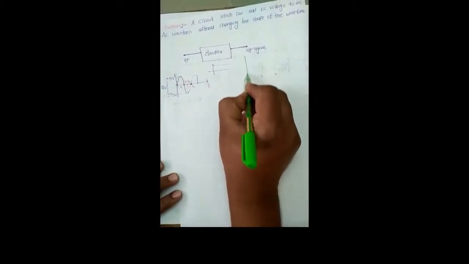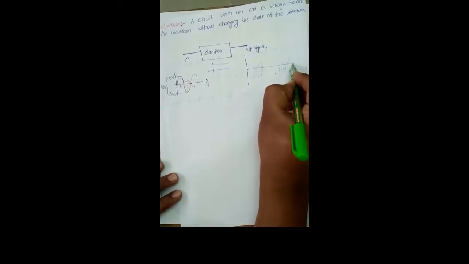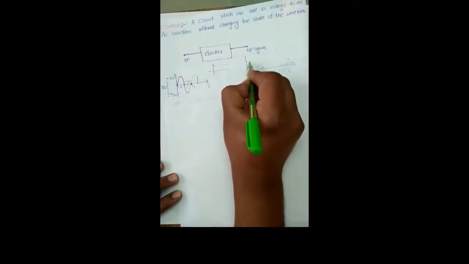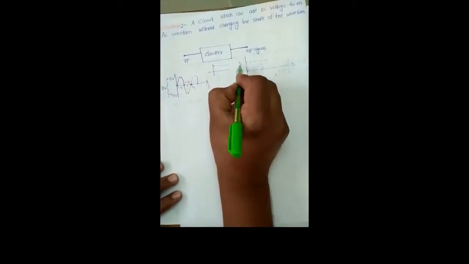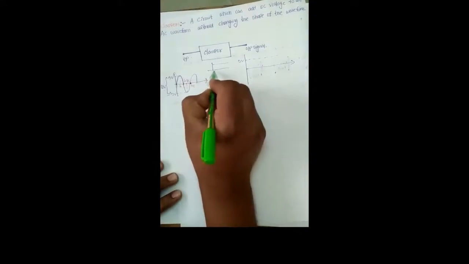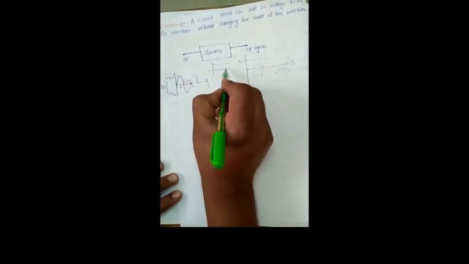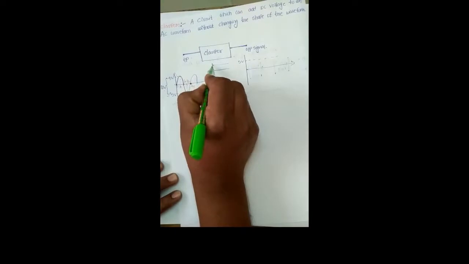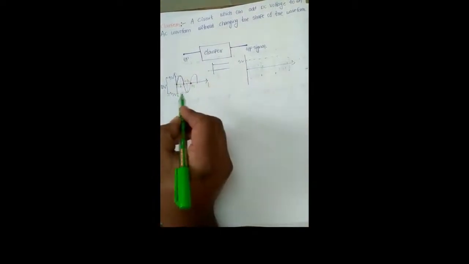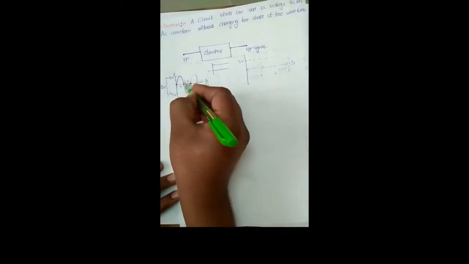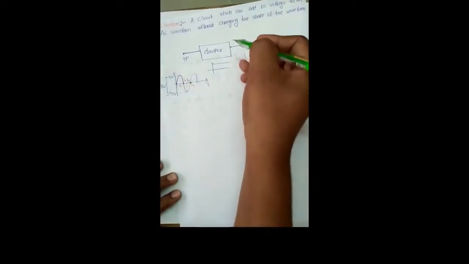The resultant output signal has 5 volts DC, and this DC signal has a constant voltage for all time intervals. When we add this DC signal to the AC waveform, the input signal is clamped to the positive side.